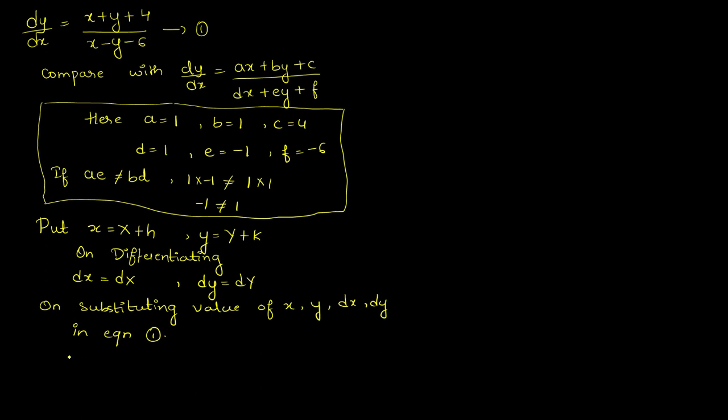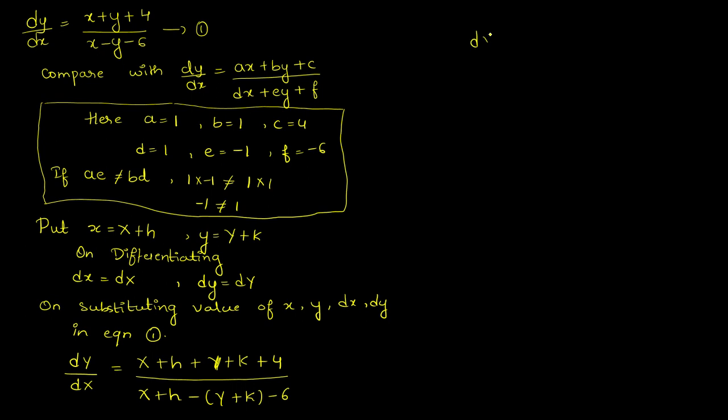We know that dy by dx will change to dY by dX, that is equal to (X plus h plus Y plus k plus 4) whole divided by (X plus h minus (Y plus k) minus 6). Now if you simplify this equation, what you obtain is dY by dX equals (X plus h plus Y plus k plus 4) whole divided by (X plus h minus Y minus k minus 6).